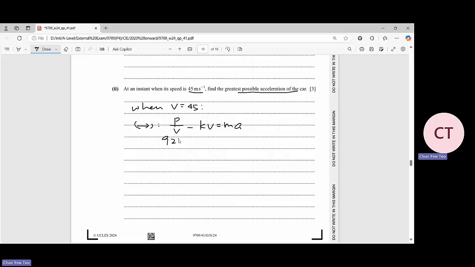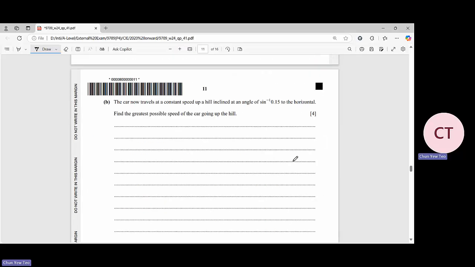P is 92160, V is 45, K we have just found in part 1 is 40, then V is 45, this is 1,200 and the A. So just pressing the calculator, you can find that your A is 31 over 150 meters per second squared. Just like that, done.